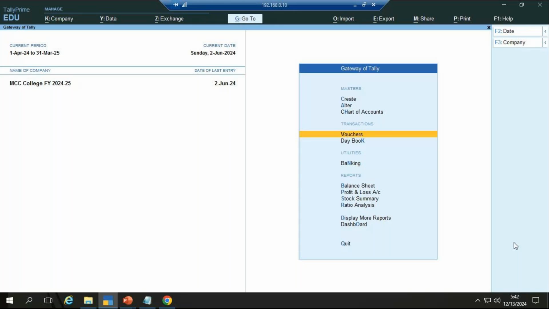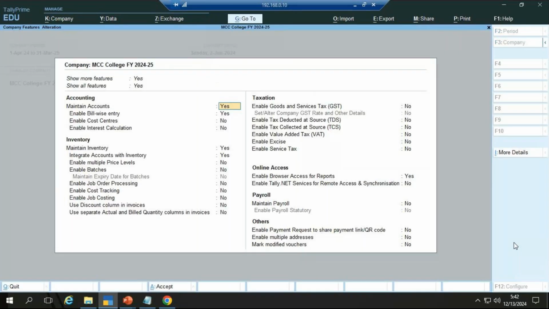Which one? It shows show all features. No need of it. Just save with that. Only enable the cost center, make that no, and save with Control A. Okay, ma'am.